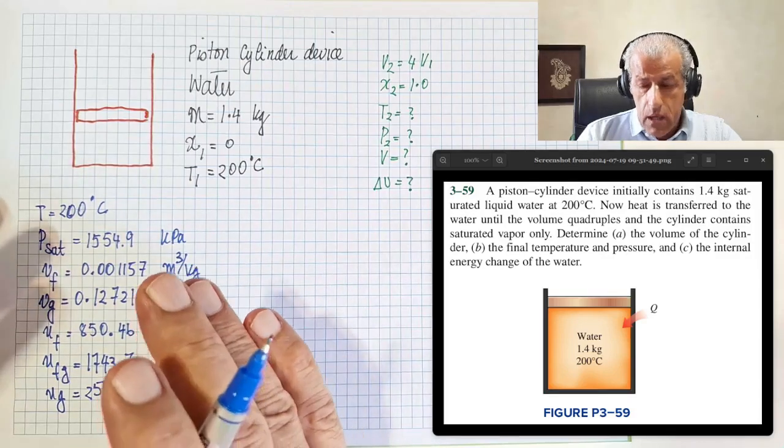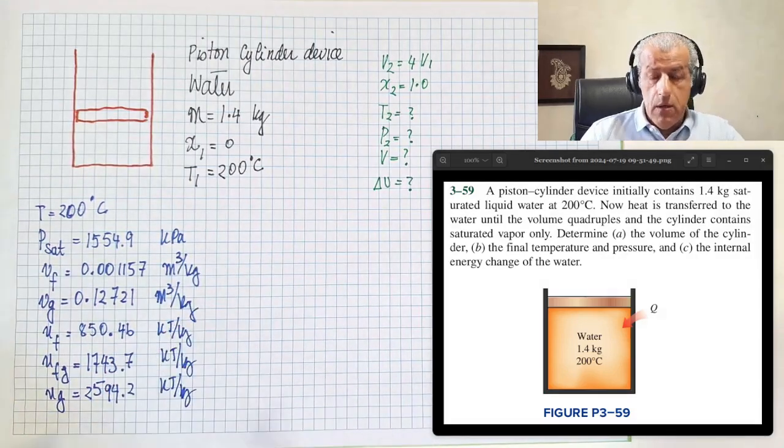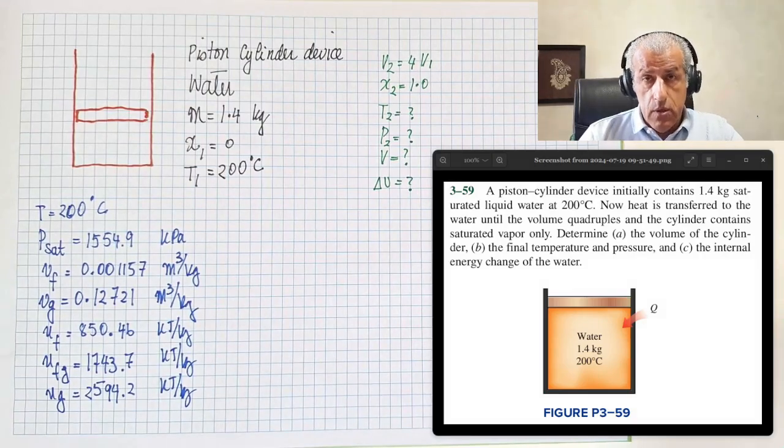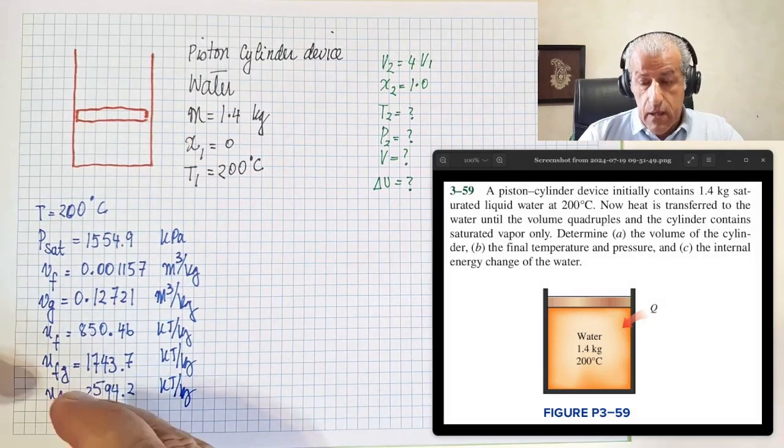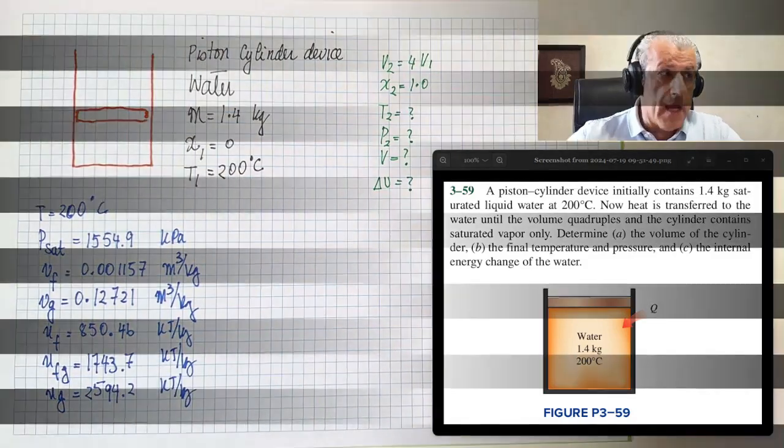So now these are water properties at 200 degrees C and have little if anything to do with our problem. Now, it's a very good job to transfer this knowledge on a diagram and see what the diagram tells us.